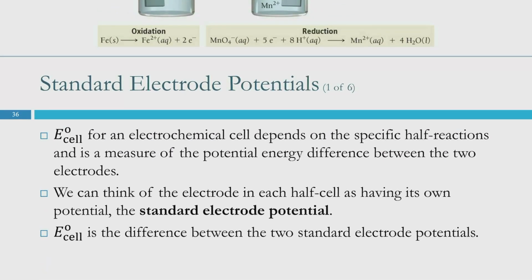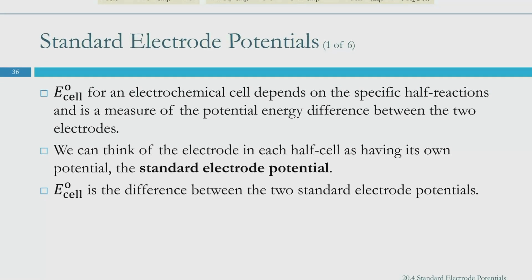We also have, just for quantification reasons, putting a number to things, standard electrode potentials. The standard E cell for an electrochemical cell depends on the half reactions. So the standard cell potential depends on 2 half reactions.